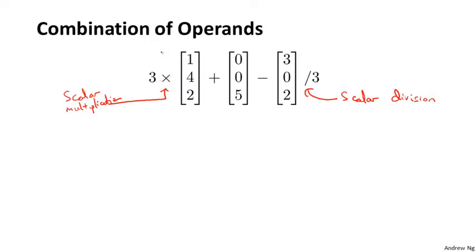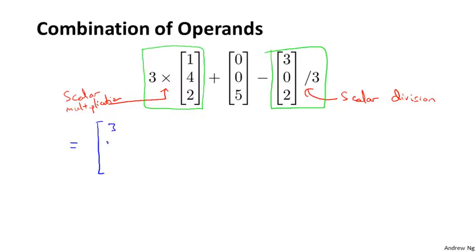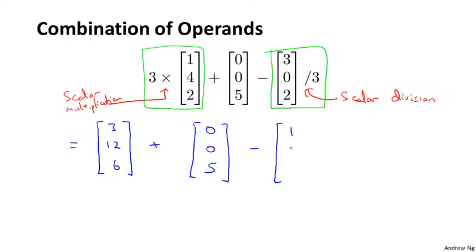If we evaluate these two operations first, then 3 times that vector is 3, 12, 6, plus my vector in the middle, which is 0, 0, 5, minus 1, 0, 2/3.